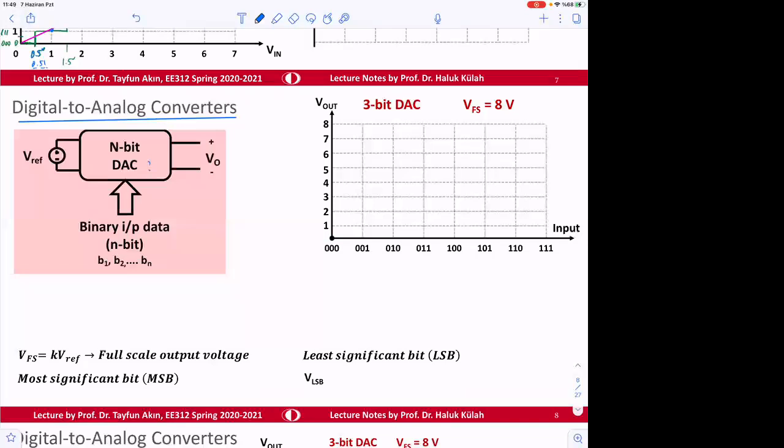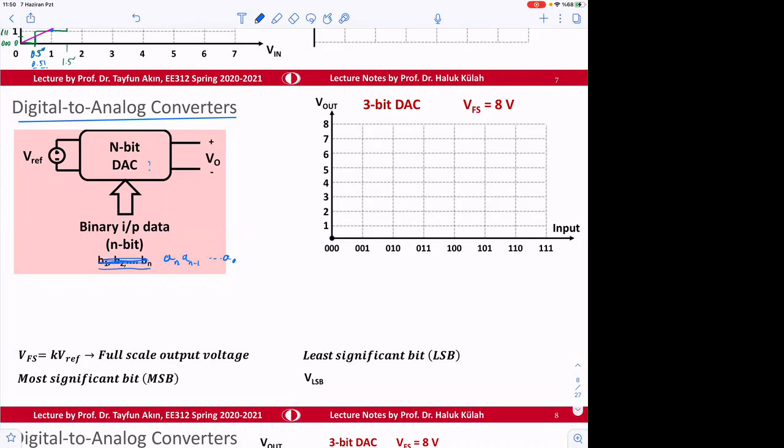So in this concept, as you know, the input binary data is going to be entered like this, a(n-1) down to a0. Okay, so maybe it's not so good to mention this.